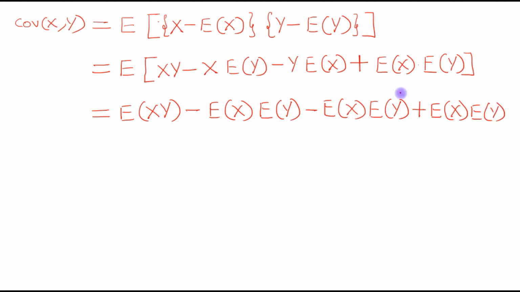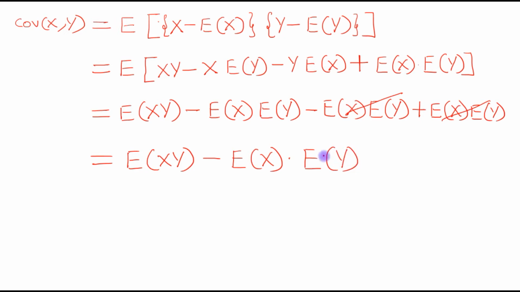Okay, now this will be cancelled out, and the last step is expected value of xy minus expected value of x times expected value of y. So this is the final formula of covariance between x and y.